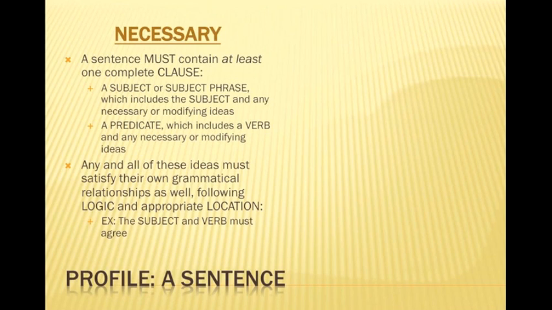And then any and all of these ideas must satisfy their own grammatical relationships. So again, that's following the concept of logic and, of course, the appropriate location. For example, the subject and verb idea have to agree. Now, we will continue to build on this profile when we start talking about what is possible. We'll discuss that in a couple of minutes.